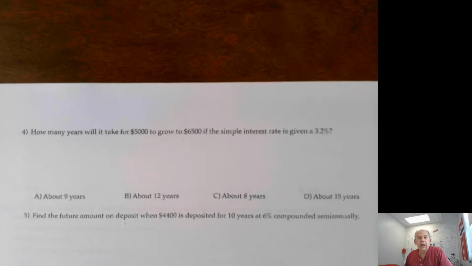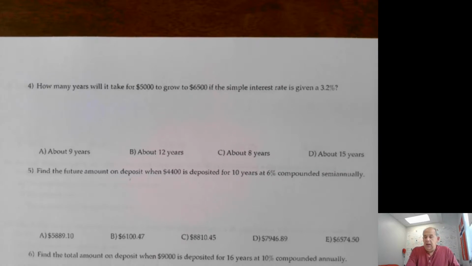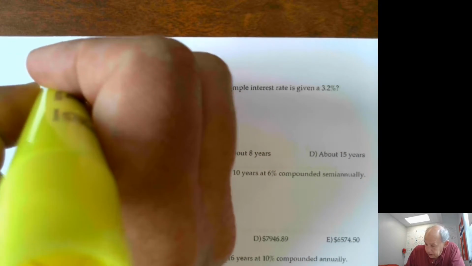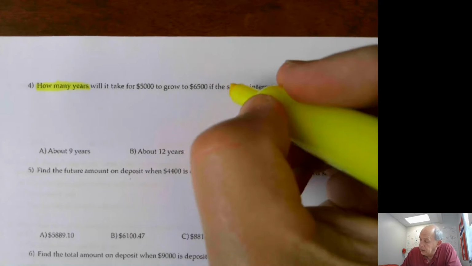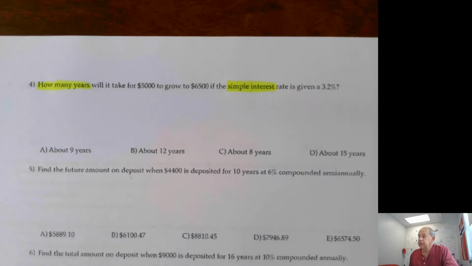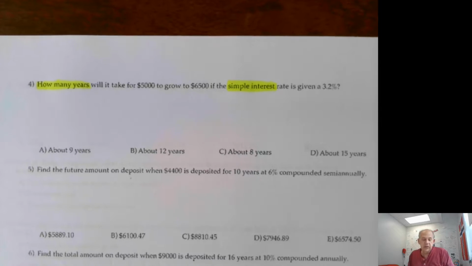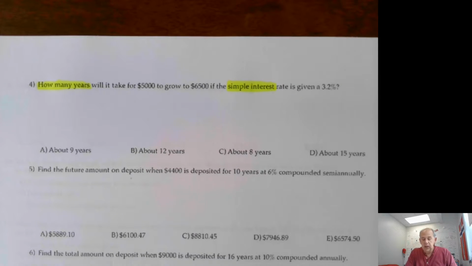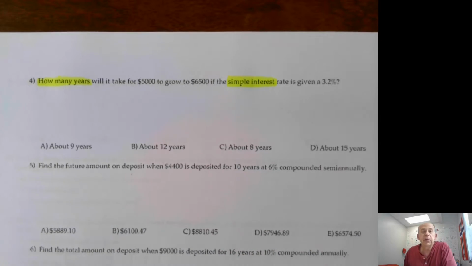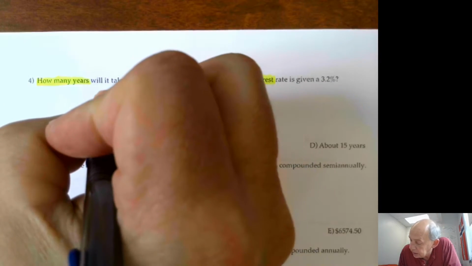Let's take a look at number 4. Mark up the problem. How many years? Simple interest rate. That tells me what I'm looking for and what type of problem this is. Now, I could use either equation for the simple interest. I'm solving for t, how many years?